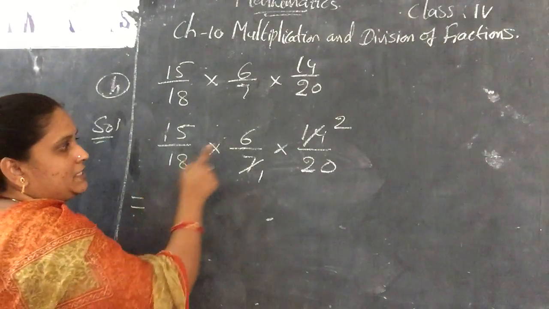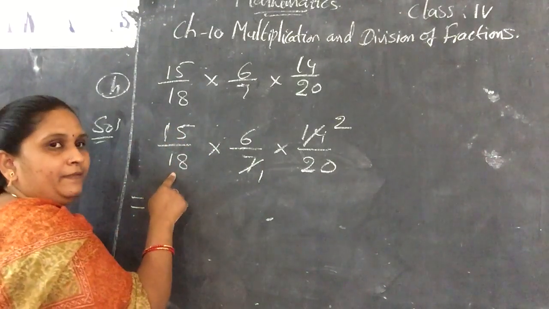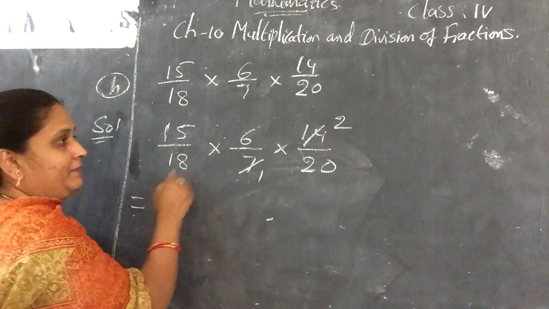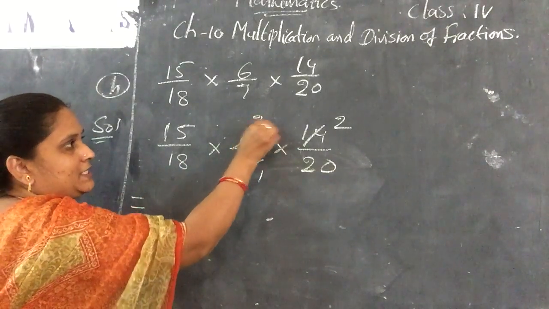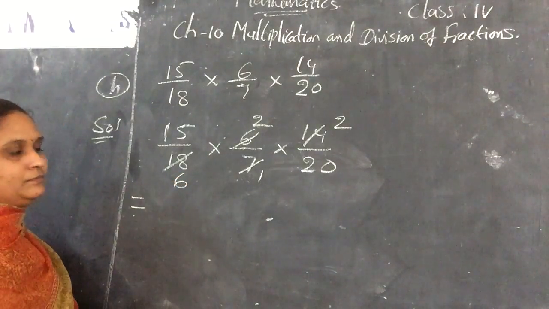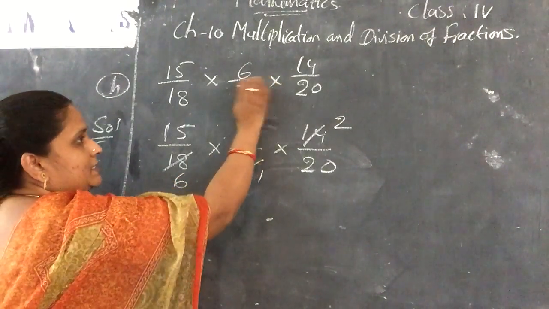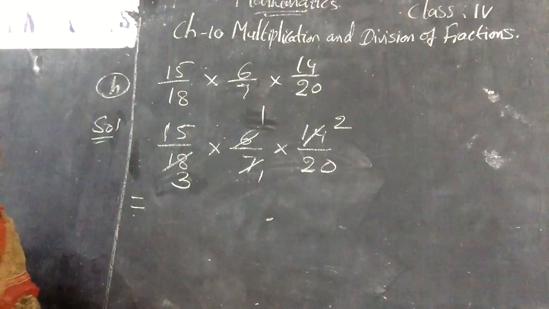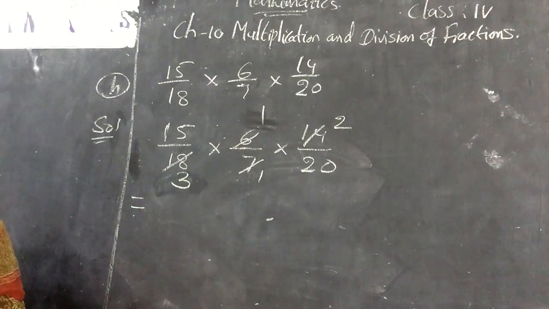Next, 18 and 6. These two do not divide each other directly, but in 3 table these two can be divided. 3 2 is 6, 3 6 are 18. Or you can write 6 1 is 6, 6 3 is 18.